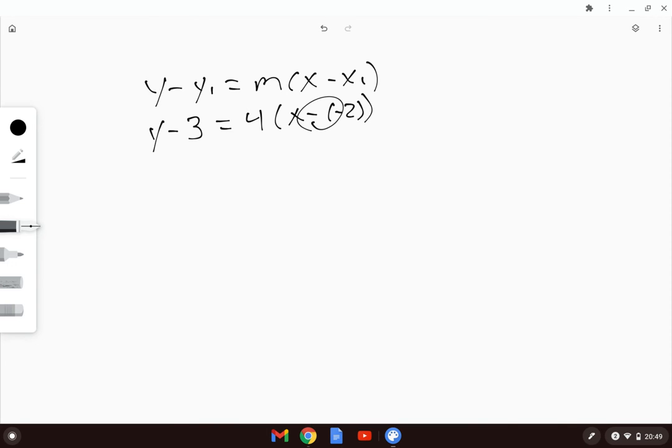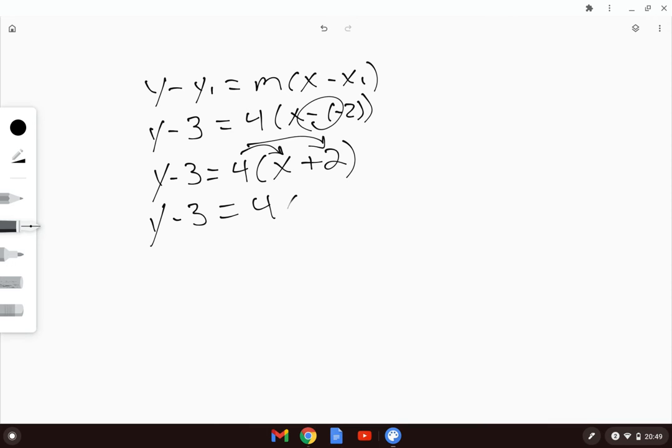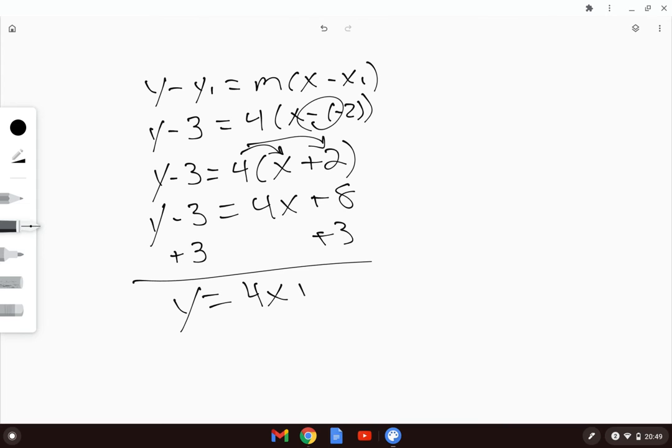Again, I'm going to clean that up real quick. Now I'll distribute my slope, and then add the y1 to both sides since it's being subtracted. So y equals 4x plus 11.